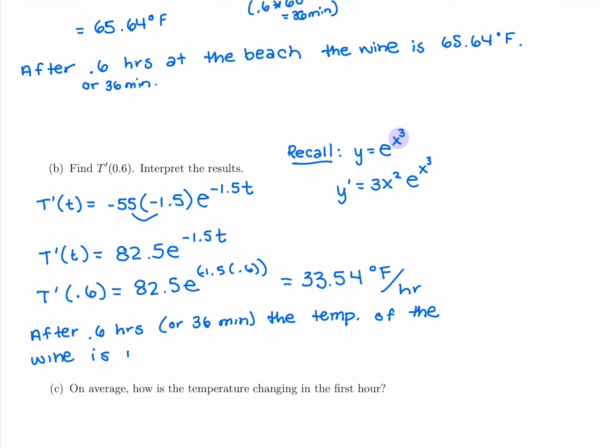If we got a positive 33 as our slope at that instant, it must be increasing by 33.54 degrees Fahrenheit per hour. So 36 minutes after arriving at the beach, there's a bunch of ways of saying this. 36 minutes after we arrive, our wine is increasing in temperature by 33.54 degrees Fahrenheit per hour. So the temp is going up very fast. It's getting very hot very quickly.